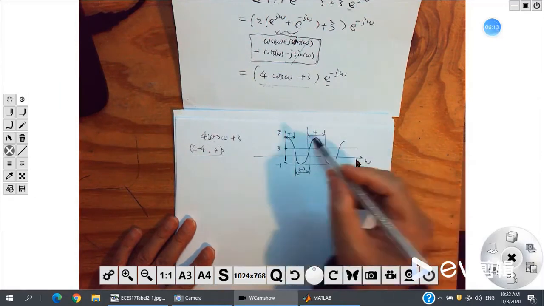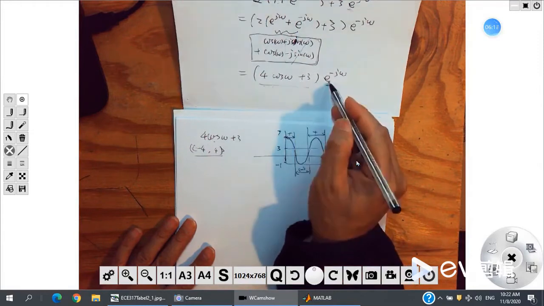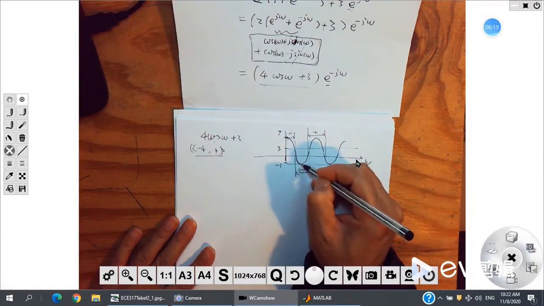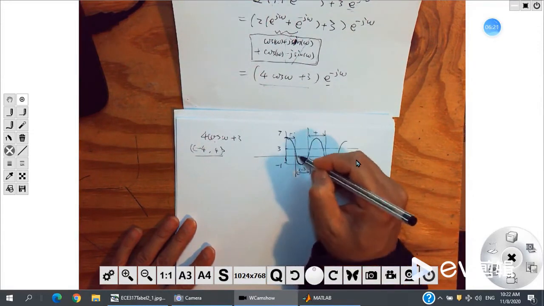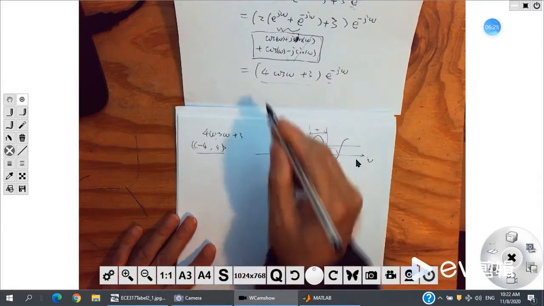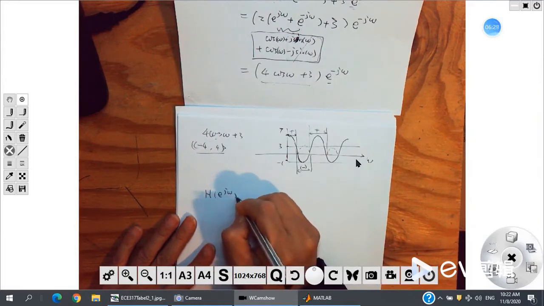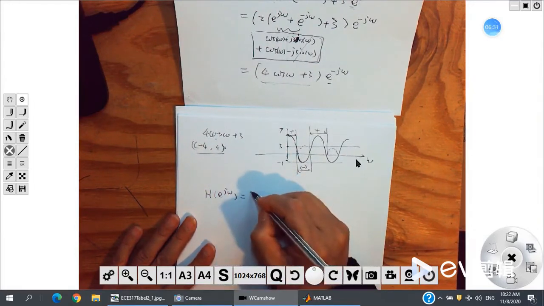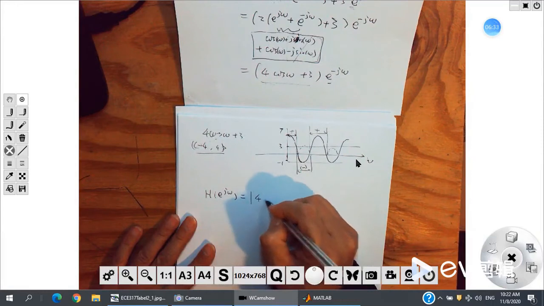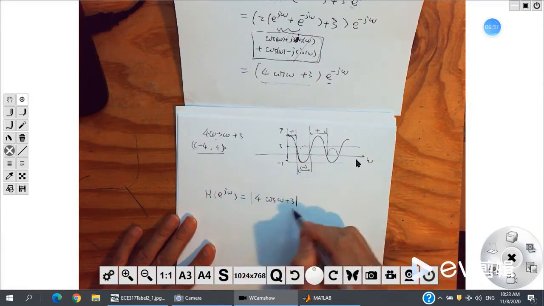So when it is positive, it is good. When it is negative, you need to change it to positive. So we will write this one: H(e^jω) equals the absolute value of 4 cosine ω plus 3. This is the magnitude part.